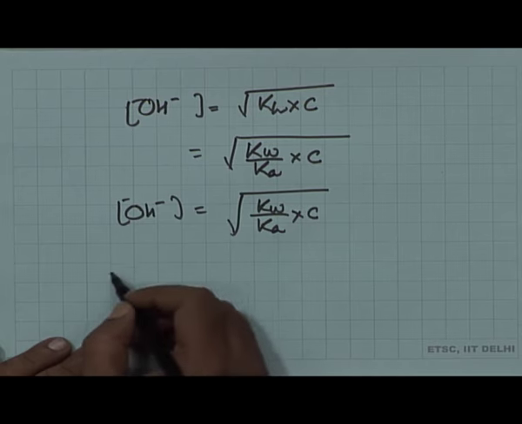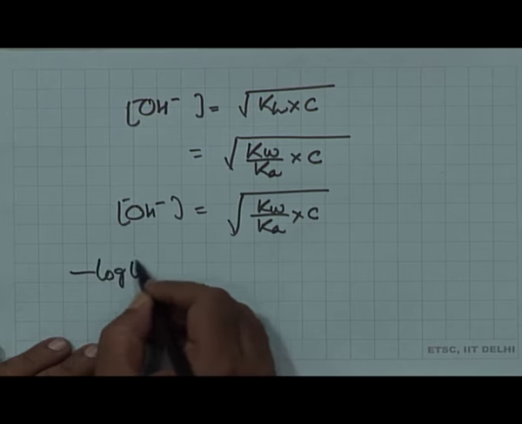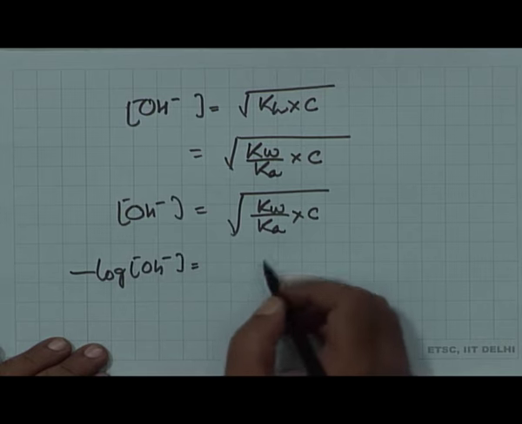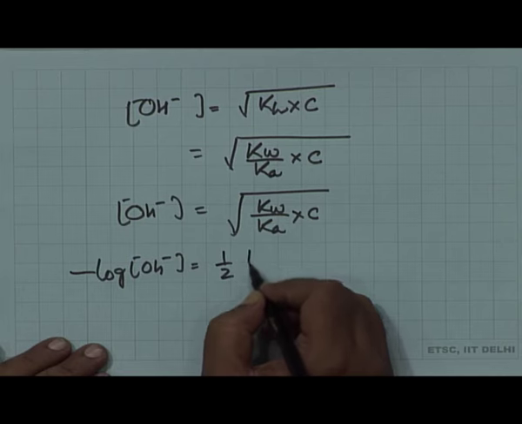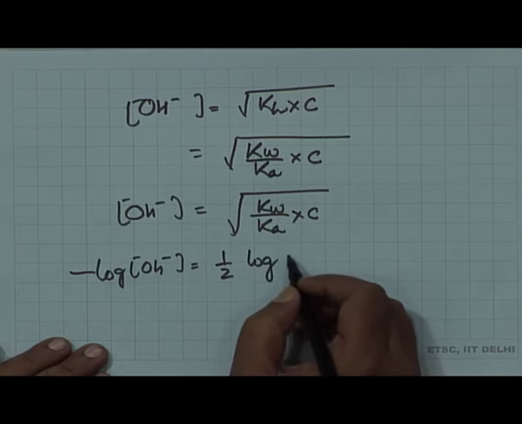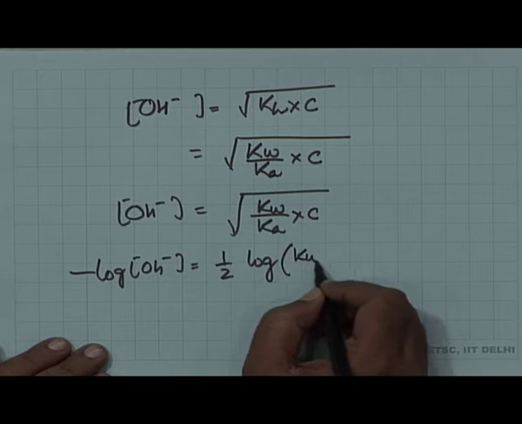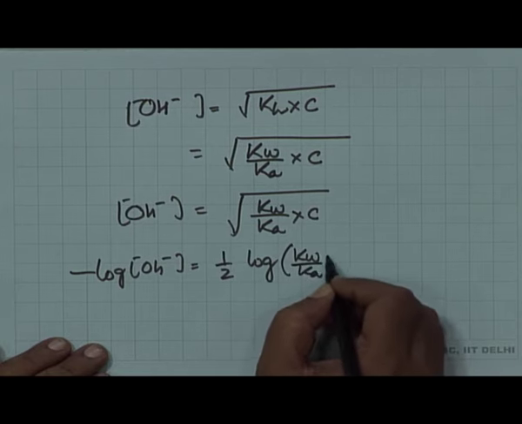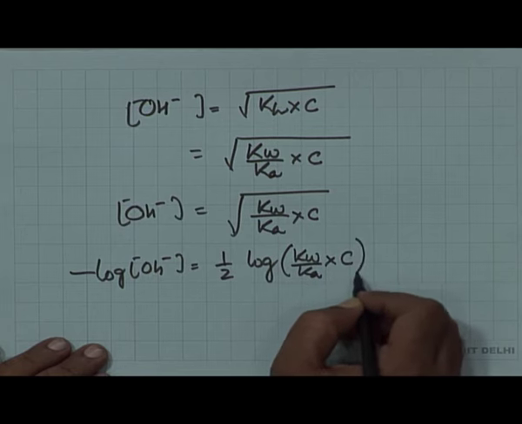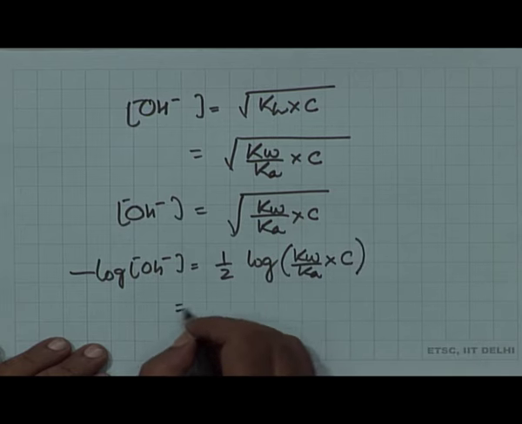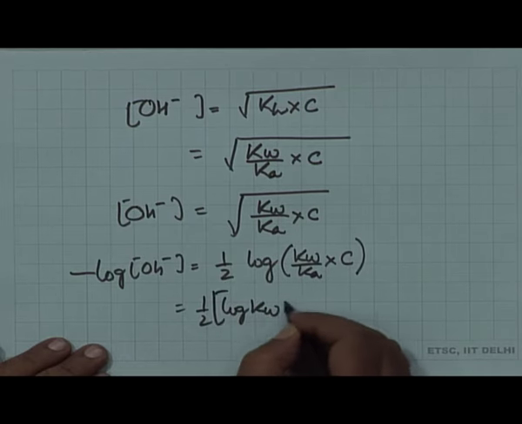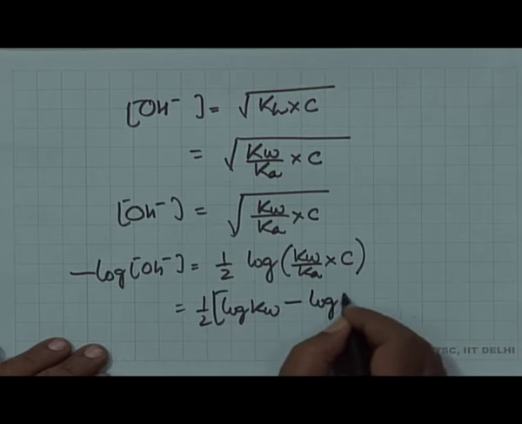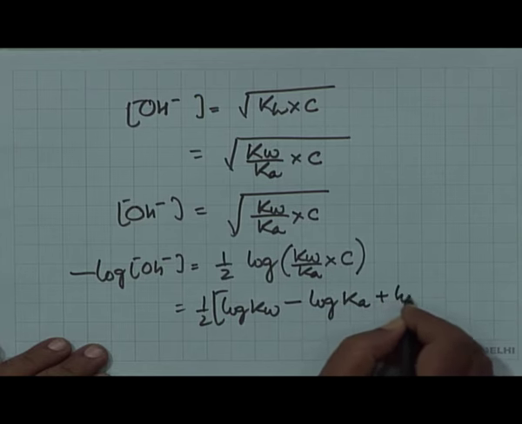We can do that here: minus log OH minus is equal to half log of Kw by Ka into C. So, half log Kw minus log Ka plus log C.